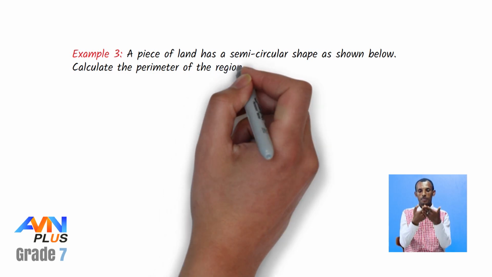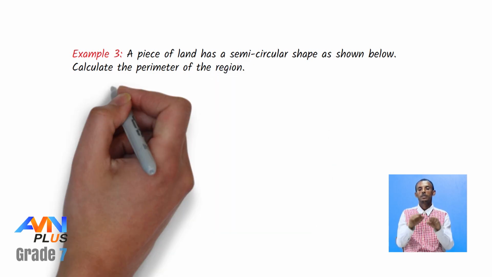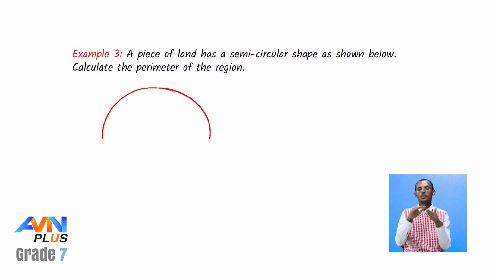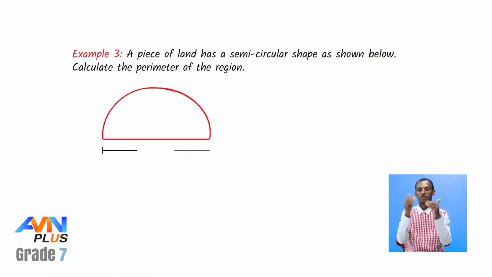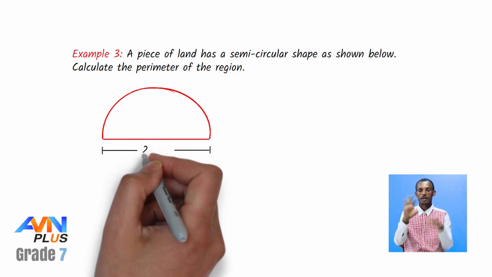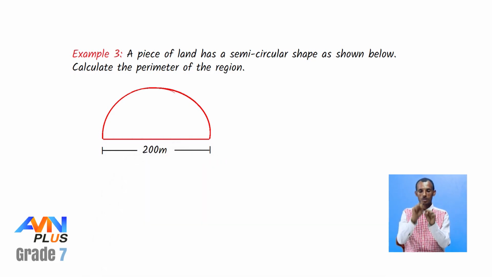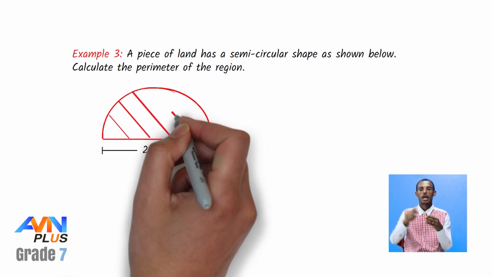Here the piece of land has a semicircular shape like this, and this distance is given to be 200 meter. So the question is, what is the perimeter of this region?